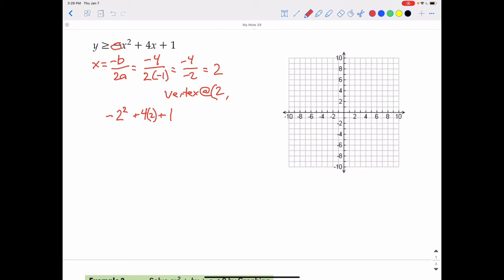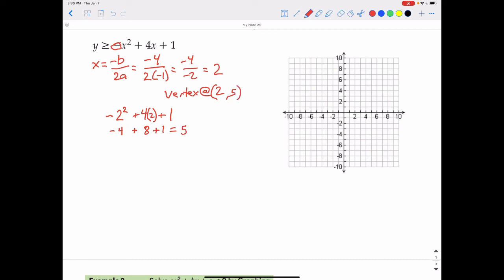So you're only squaring the 2, which is 4, but it remains negative because the exponent of 2 is not affecting the negative sign. So negative 2 squared equals negative 4. Plus 4 times 2, that's going to be 8 plus 1. And when you add that together, you get 5. So the vertex is located at 2, 5.